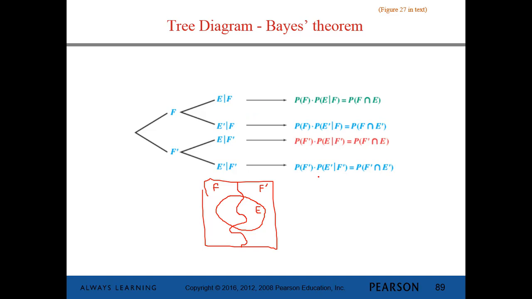So far so good? Good. All I'm doing is using the tree diagram, what we all know, to set up this idea that these three probabilities represent each one of these four regions, and then we add these up, and they add up to the sample space.